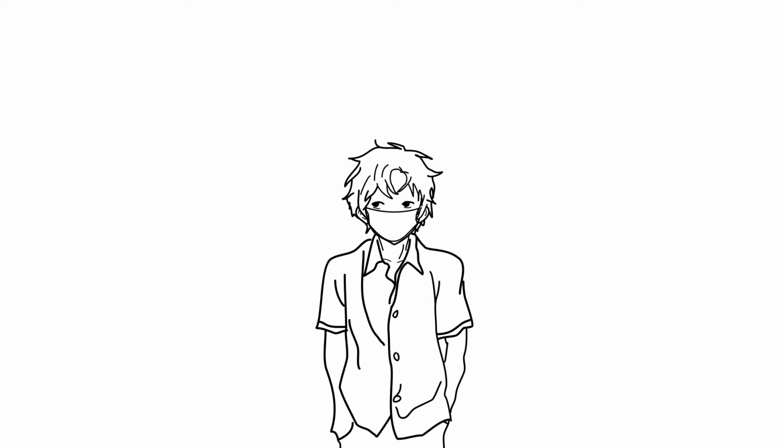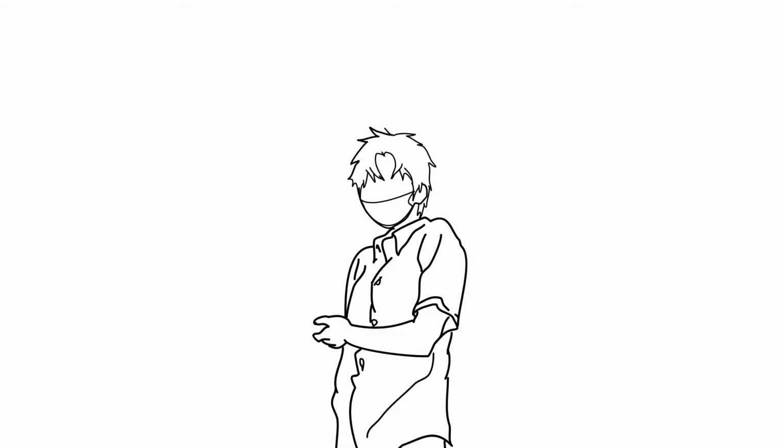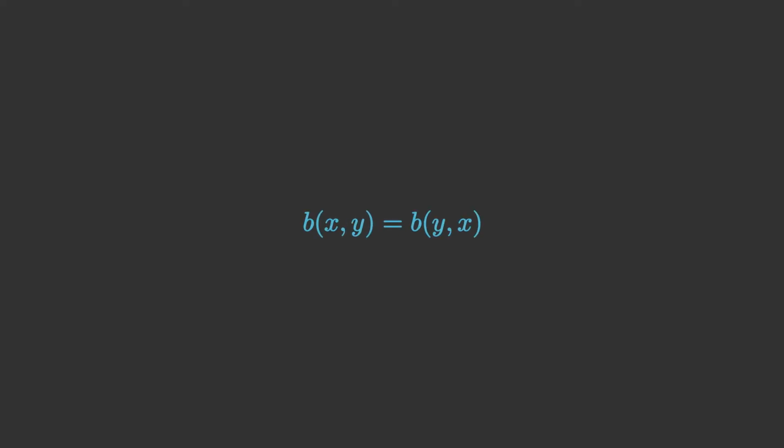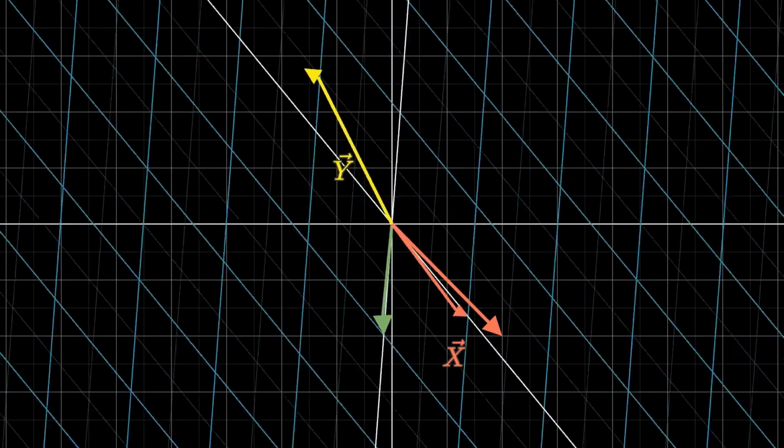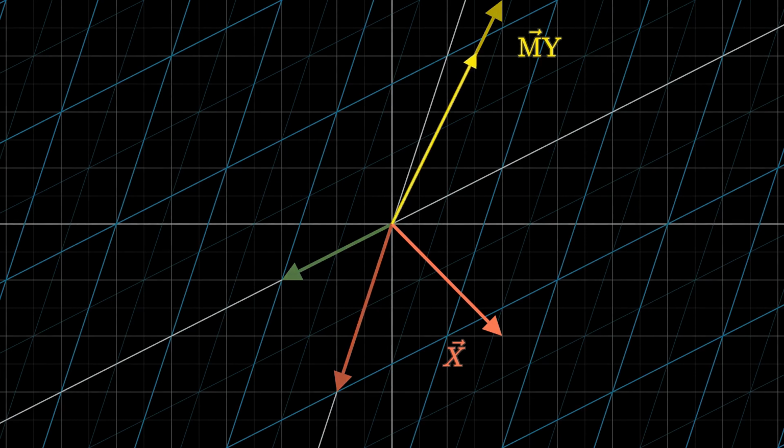So that's it. I think this is enough for an introduction, but before I end this video, let me leave you with a nice question. Does the order of the arguments matter? Meaning, does B(x, y) equal B(y, x)? In other words, fix x and project the image of y, then multiply the length.